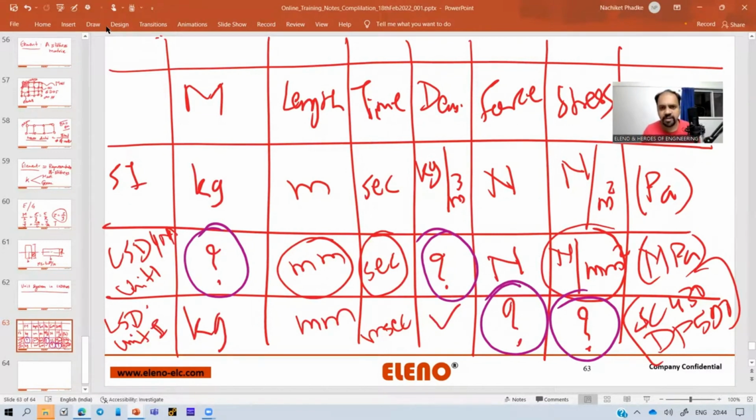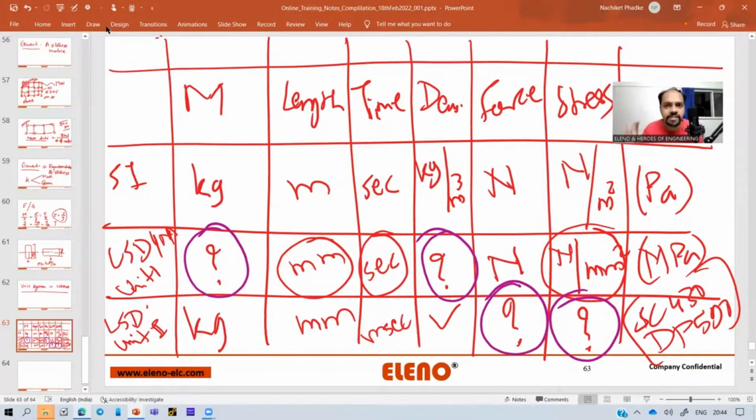Okay, that's the exercise which you are going to do today, after the session. This is extremely important because LS-DYNA understands no unit system. Remember this. LS-DYNA understands no unit system.